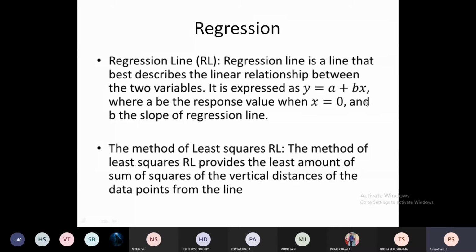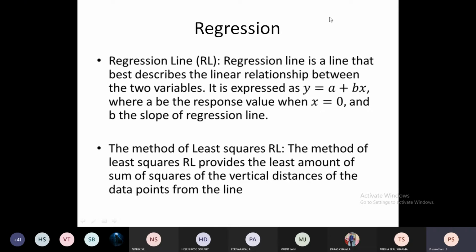If b is negative, x and y are negatively related, meaning they behave in opposite directions: if x decreases, y may increase, and if x increases, y may decrease. When b is positive, x and y have the same behavior, both either decreasing or increasing.